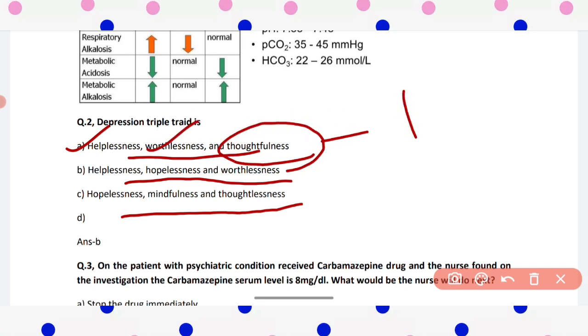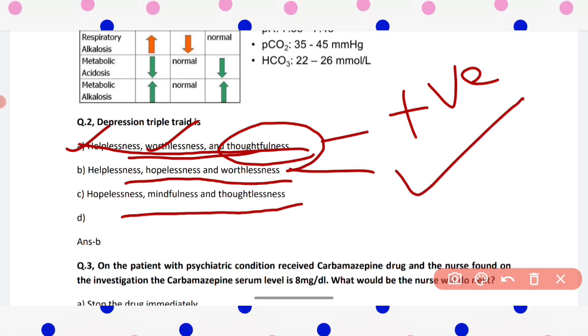Thoughtfulness is a positive thing, it will not be there in depression, so remove the first option. Second one, helplessness, hopelessness and worthlessness will be there, so there is a chance for this one. Third option, hopelessness, mindfulness, thoughtlessness. Mindfulness is a positive sign and will not be there in depression.